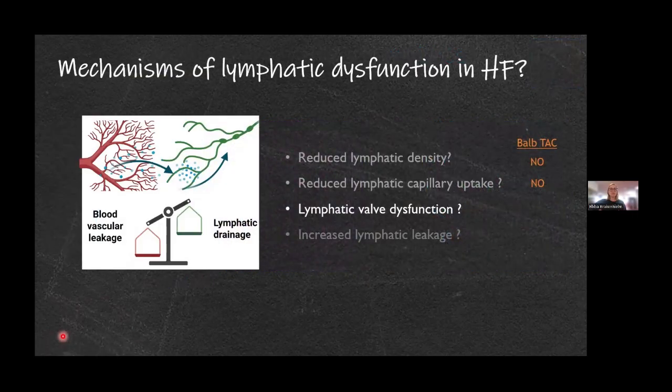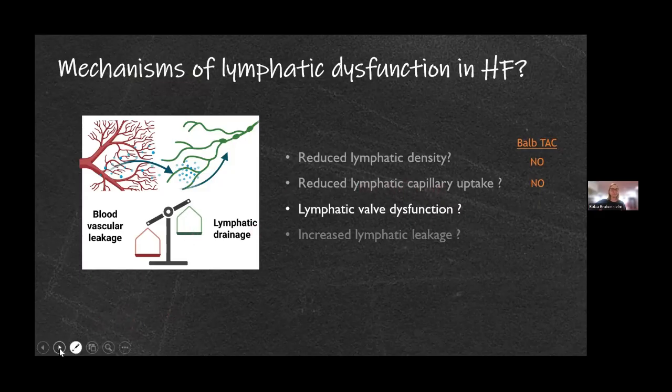So clearly not any reduction of capillary uptake. I didn't show the data, but we also investigated endothelial cell junctions, and we did not see any major switch in these specialized button junctions that allow the lymphatic endothelial cells to be permeable to fluid. So for us, there's no structural or molecular evidence that capillary uptake capacity is reduced.